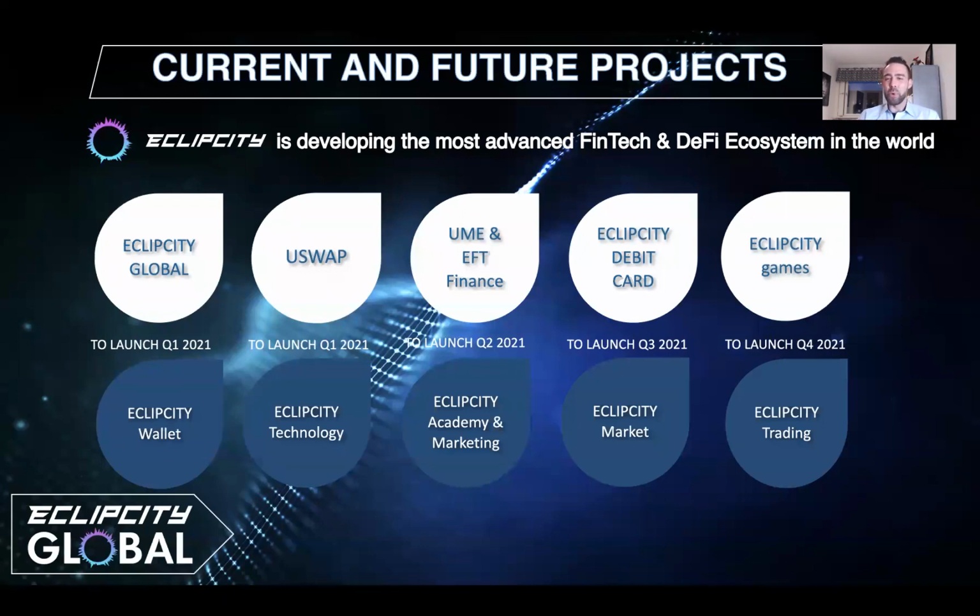And to launch in Q4 2021, EclipCity will be launching trading. As said, we are developing the most advanced fintech and DeFi ecosystem in the world, and we're barely scratching the surface so far. We are here in the beginning, and you're all a part of this journey. So I want to thank you for that and look forward to 2021, my friends.